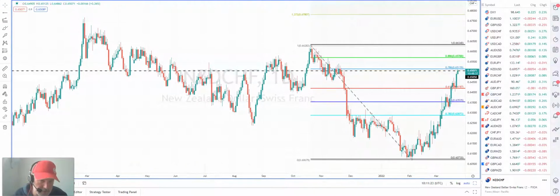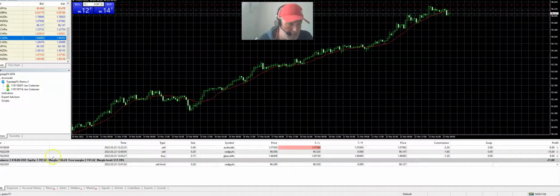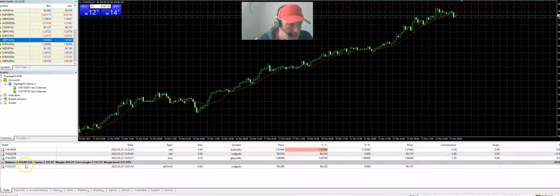If we look at the Top Step trading account, we can see that we start off with a £3,000 starting balance. Within 2 days, we've managed to get up to 3418, actually just slower than that at the moment with the current open trade.